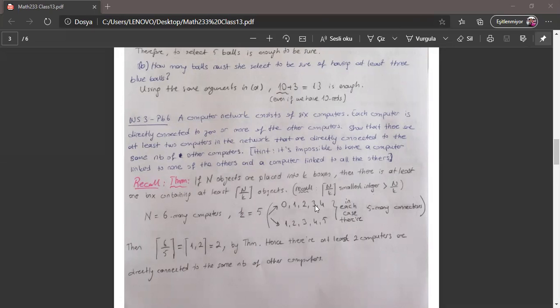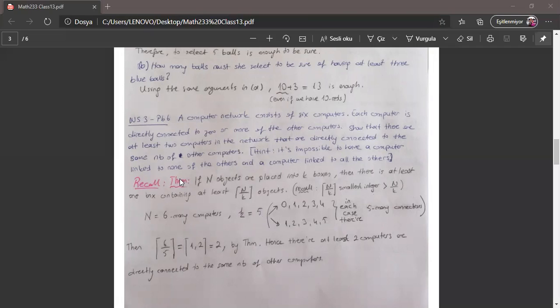Here you see we have 5 options, 5 connections. And the other case is this, of course. There may be 5 connections, but in this case we won't have 0. So we have 2 cases, and in each case we have 5 possible connection numbers. So we have k equals 5.